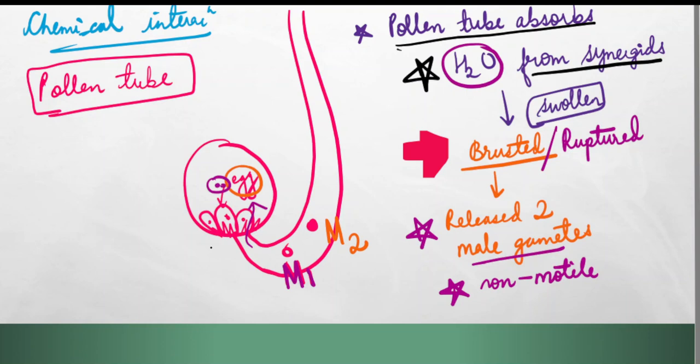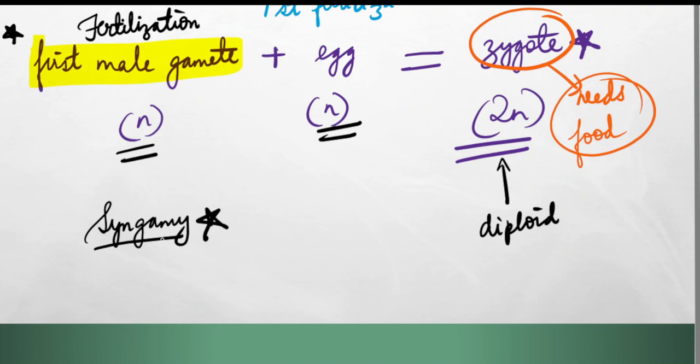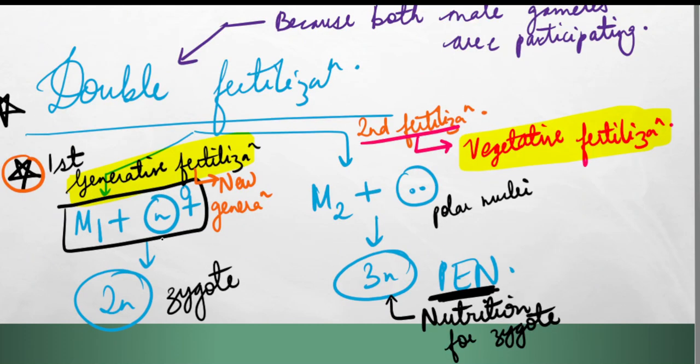And I told the role of the filiform apparatus here. What is the role? It is showing the direction to the pollen tube. So this is the role of the filiform apparatus. I will write it here, filiform apparatus.